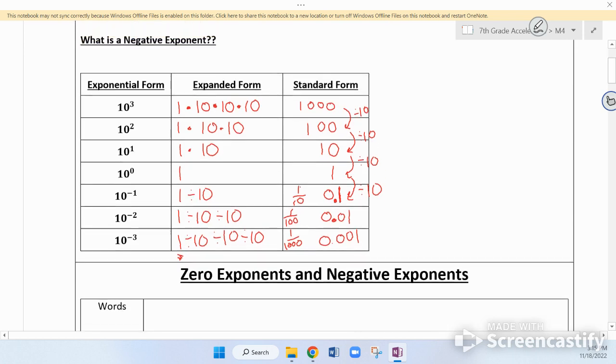So why does something to the 0 power have to equal 1? Well, we can use our quotient of powers property to help us figure that out.